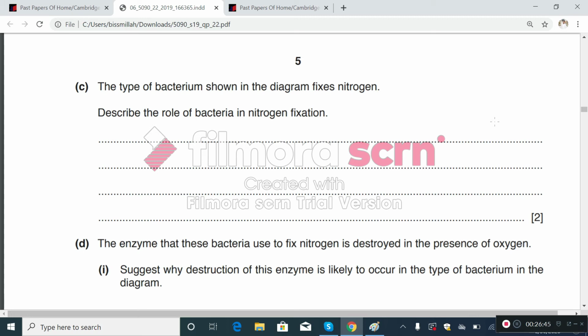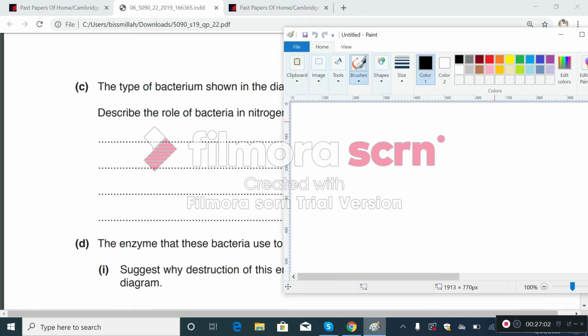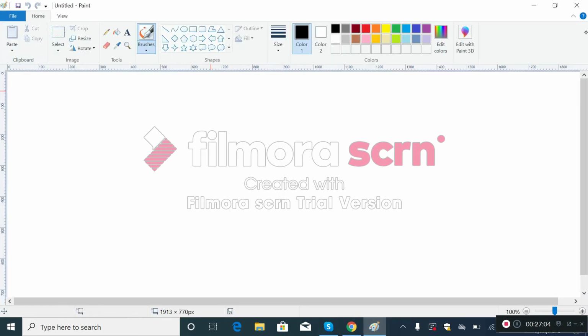In the nitrogen cycle there is a process of nitrogen fixation, and there is a process that is called biological fixation. So keeping in mind that biological fixation, we have to answer this question. So let's see what we will write in this answer.